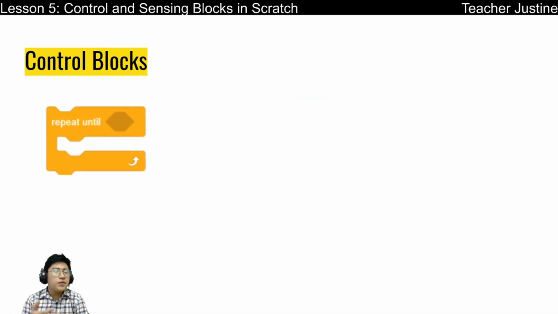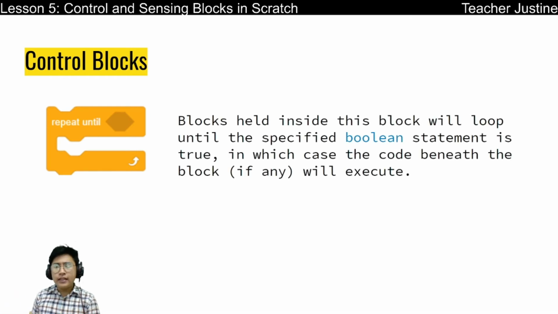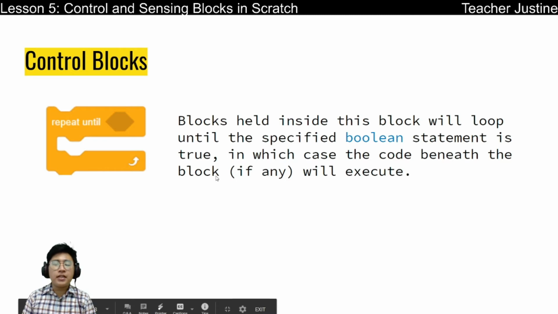This one is repeat until. It's the same as the earlier repeat, but here you are going to provide a condition, a conditional statement. The blocks held inside this block will loop until the specified Boolean statement is true.